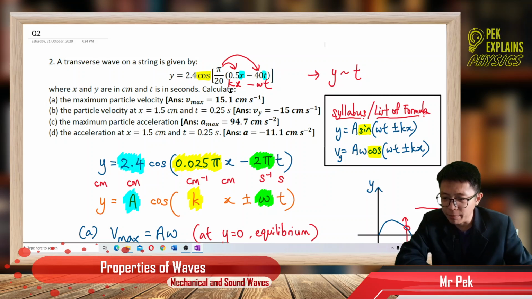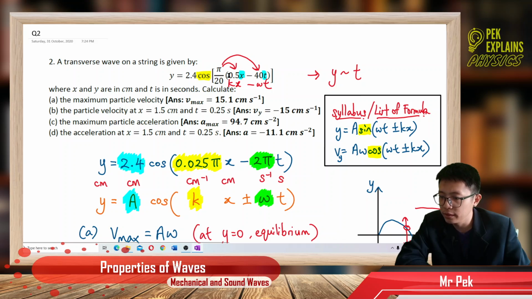Okay, because our general equation is omega t first, then only kx. This one is kx, then only omega t. Okay, but if 40 is not omega, you need to multiply inside, expand first, then only get omega. So be careful. Yeah, so kx minus omega t.